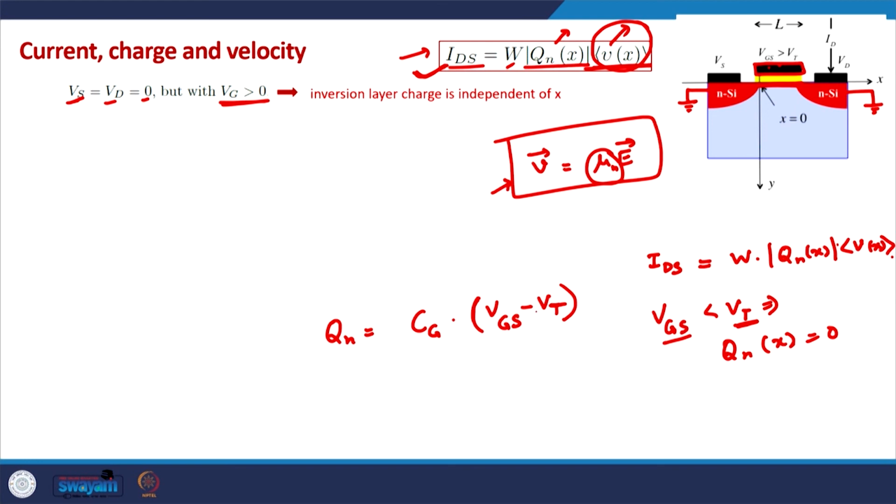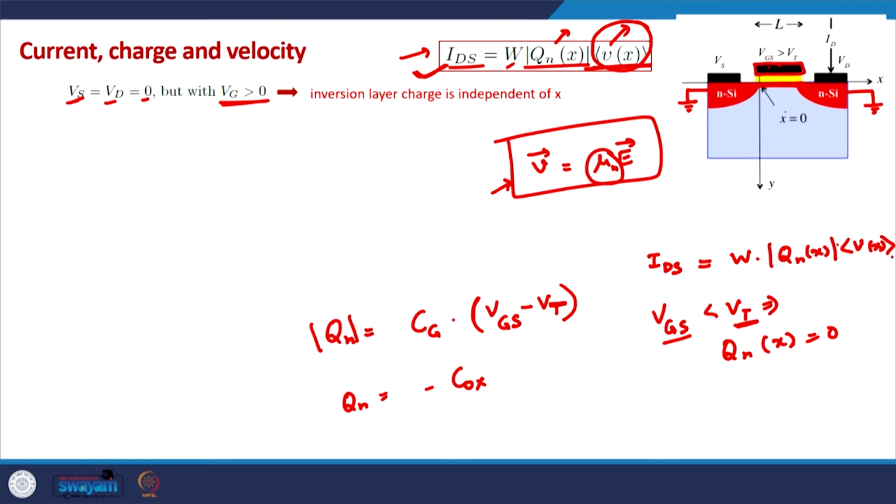So, the difference between VGS and VT is the voltage that will create charge on the capacitor plates. Okay. And with some approximations, generally this gate capacitance is considered to be the oxide capacitance, and this charge is negative.